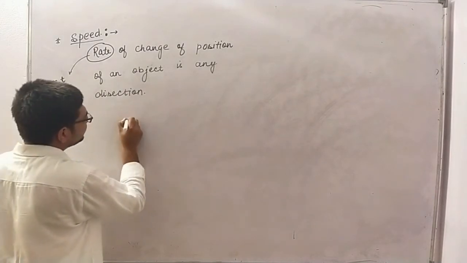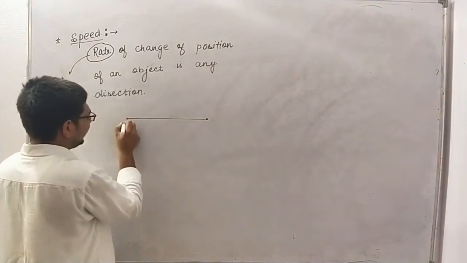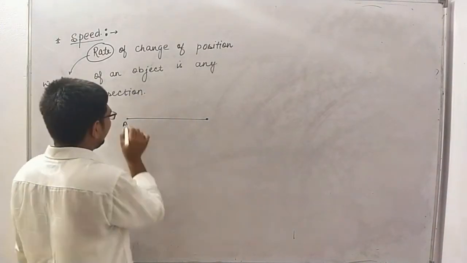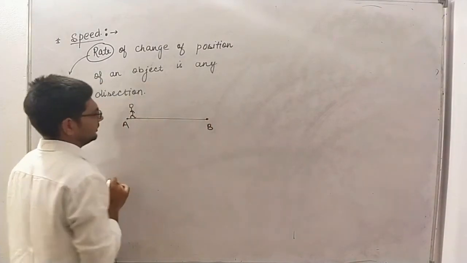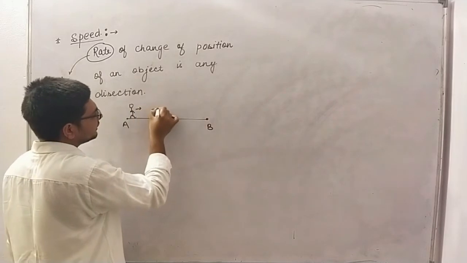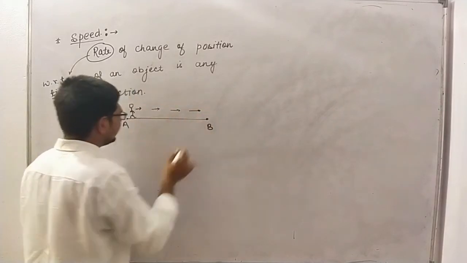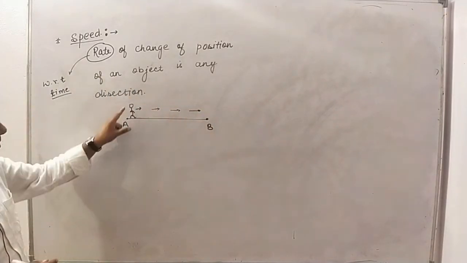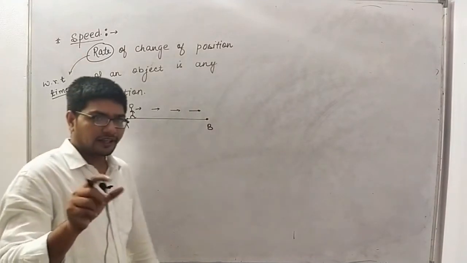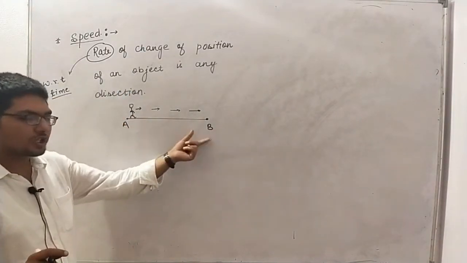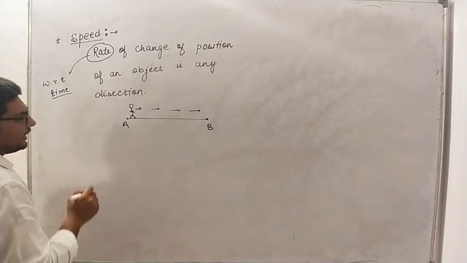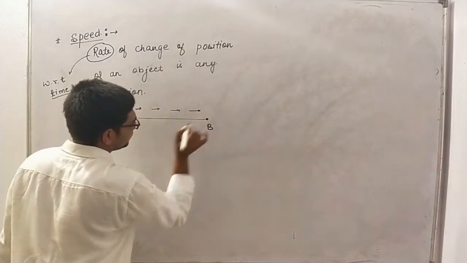If the object is at point A and then travels to point B, obviously this person has changed his position from A to B, so he has traveled some distance.